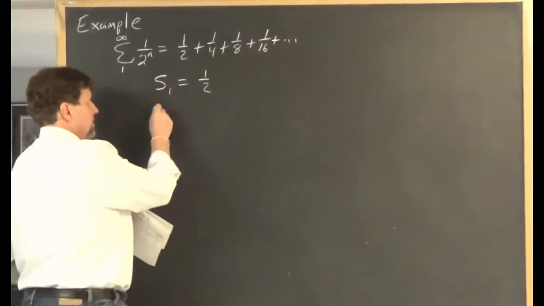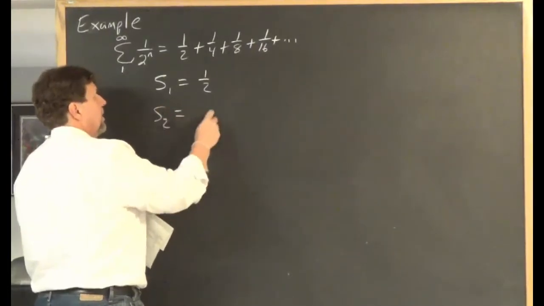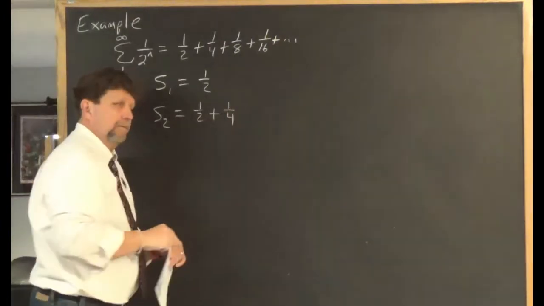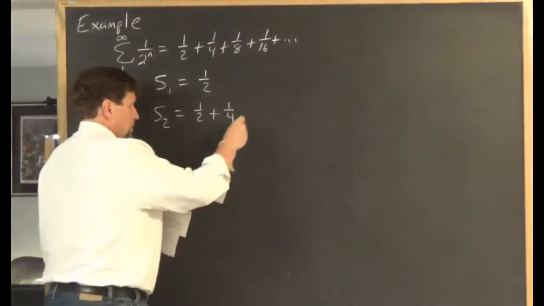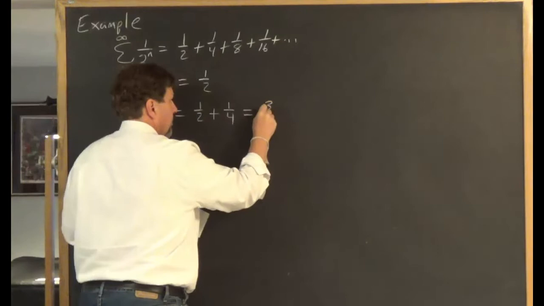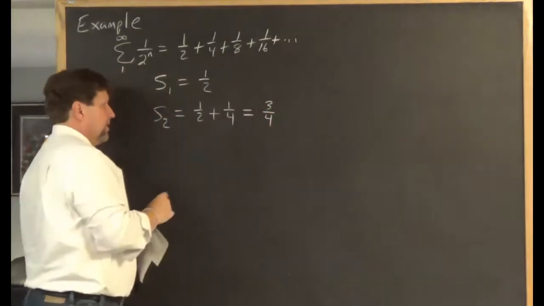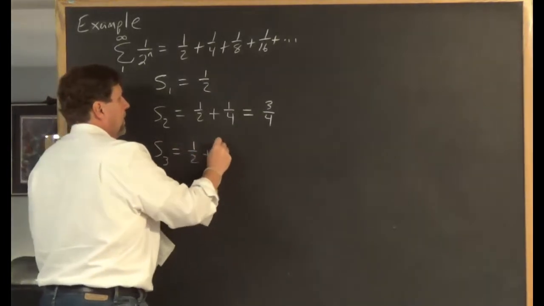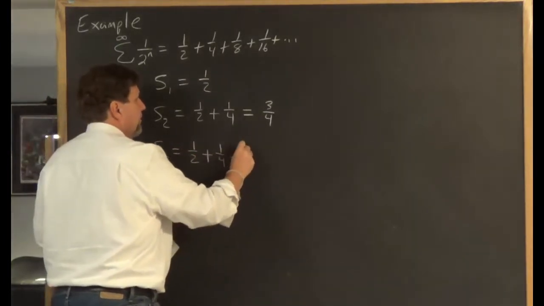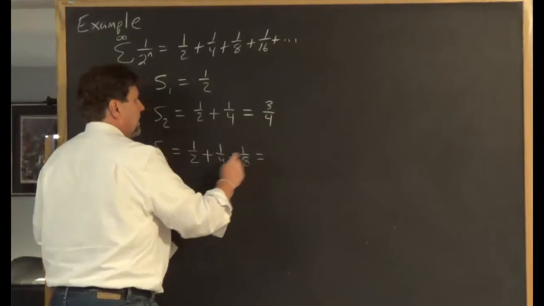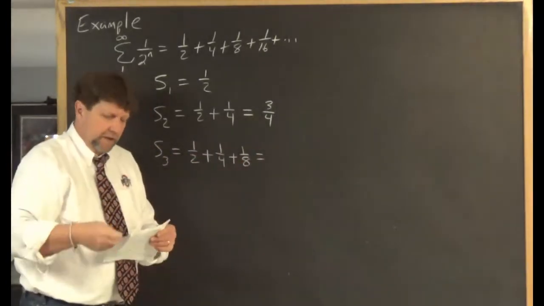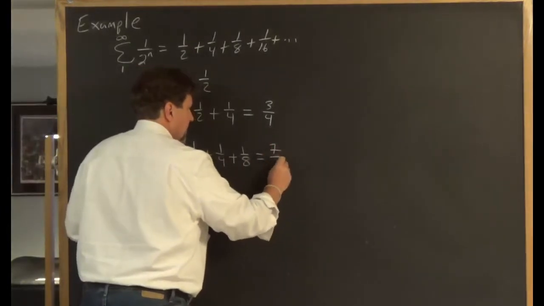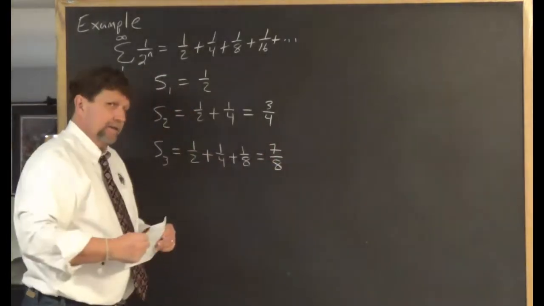The second partial sum is the first term plus the second term, 1/2 plus 1/4, that's 3/4. The third partial sum is the sum of the first 3 terms, 1/2 plus 1/4 plus 1/8. If I add those up correctly, I get 7/8.